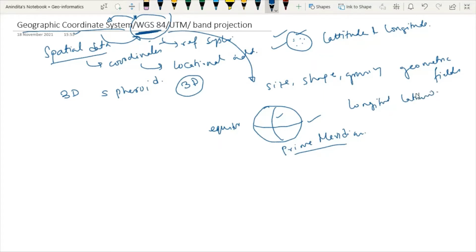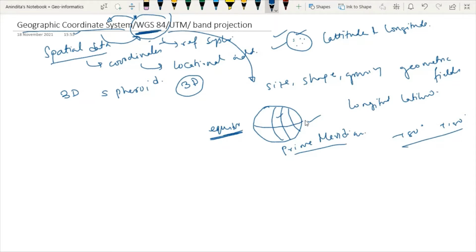You have to keep this in mind. It varies from minus 180 degrees to plus 180 degrees. Now we have some more concepts: parallel to the equator we have the latitude concept. So what is longitude? Longitude is something that runs perpendicular to the equator and varies over this range.